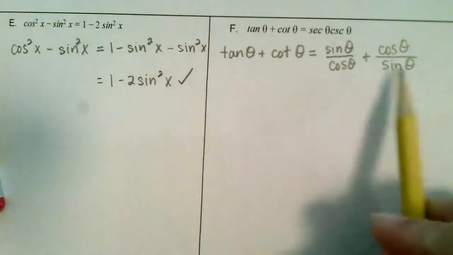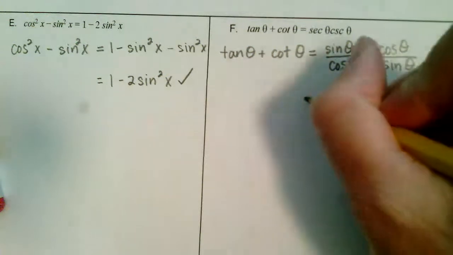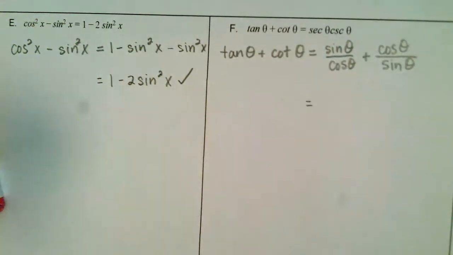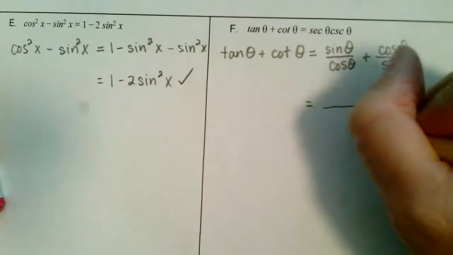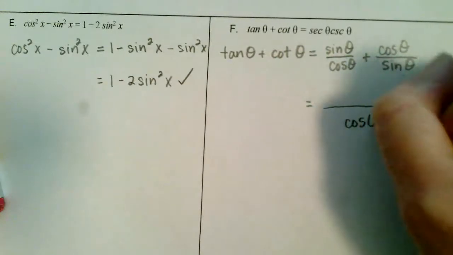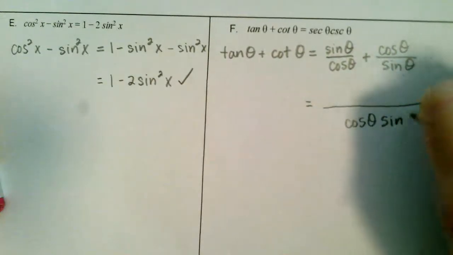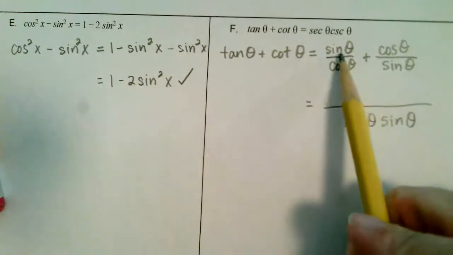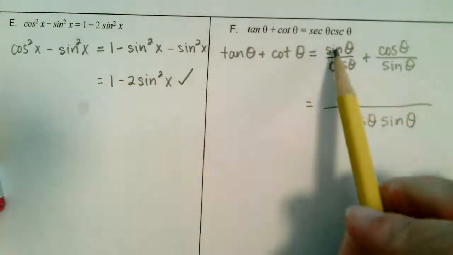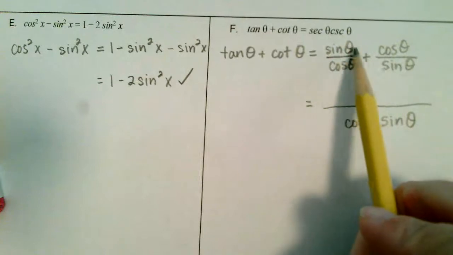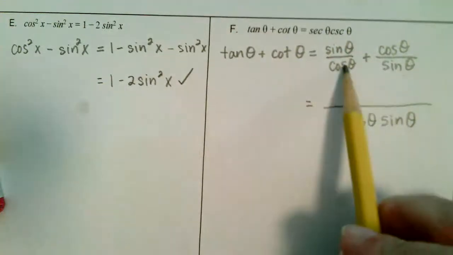When I have two fractions like this, my trick is to find a common denominator. So I am going to write a common denominator of cosine theta, sine theta. So in order for this to be cosine theta, sine theta, I need to multiply sine theta by what's missing in this denominator.